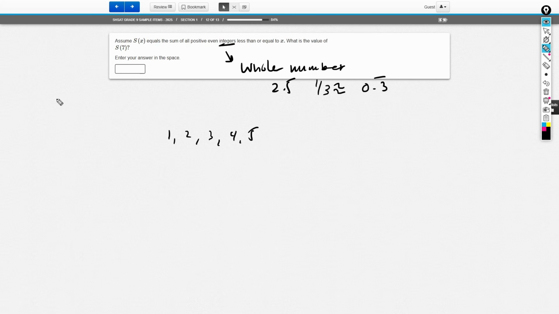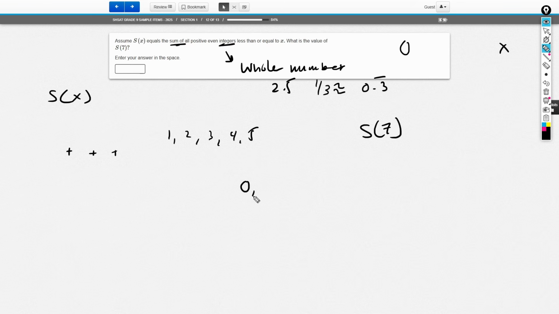So s of x is equal to the sum. The sum is just adding numbers, and it's the sum of all positive even integers less than or equal to x. So x is my limit, and we're going to add everything starting from essentially 0 going up to x together. So if I'm looking at s of 7, that's the sum of all positive even integers less than or equal to 7. So let's look at positive integers.